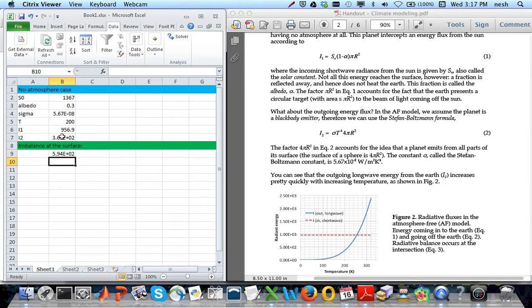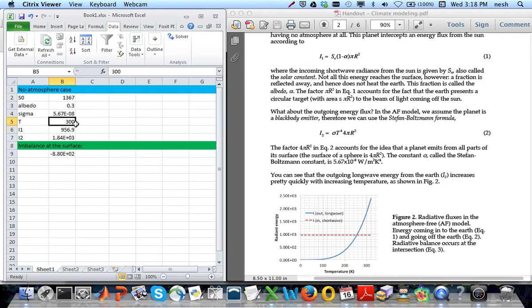Okay, and there we go. Now it's coming up and telling me that the imbalance at the surface is pretty big. It's like 594. That's because I'm down here at 200 Kelvin, and there's a lot more coming in than going off. If I had typed in 300 here, then that would have been something like here. I've got an imbalance in the other direction.